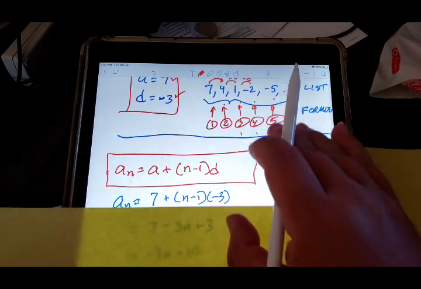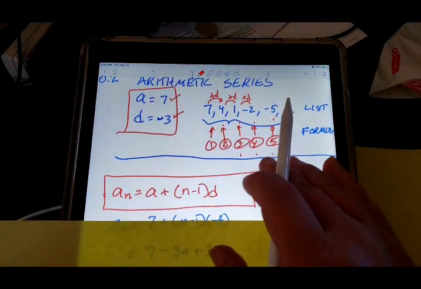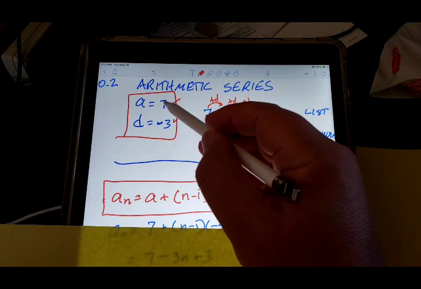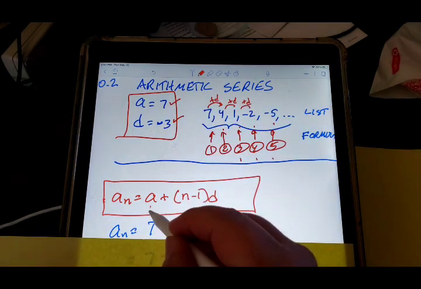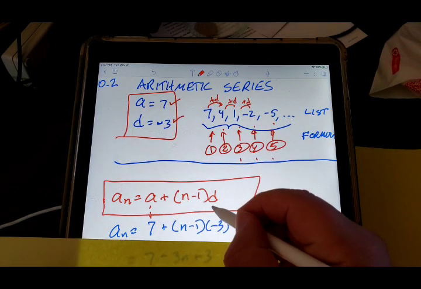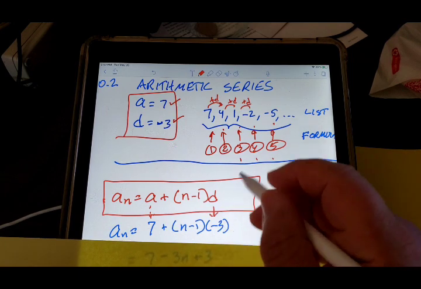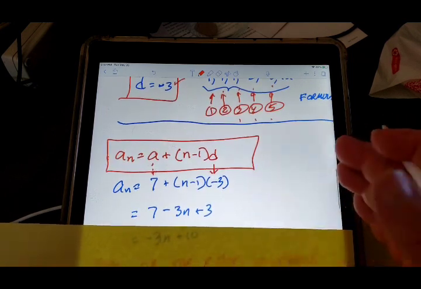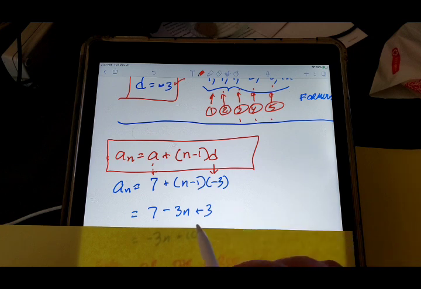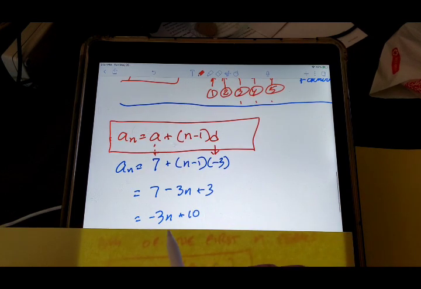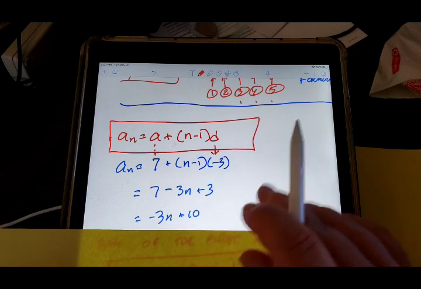Let me put both these on the window here. All right. I have A and I have D. So if I know what A is, I can just plug that in. If I know what D is, I can just plug that in and calculate. I distributed the -3, and I get -3n plus 10.